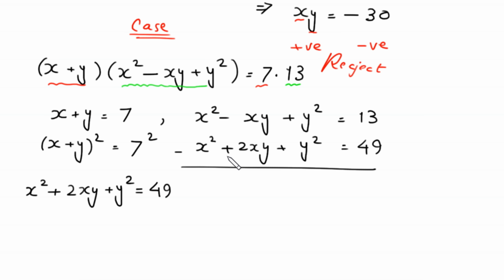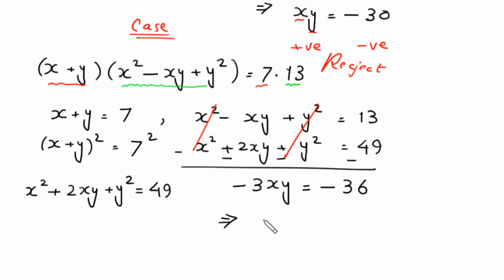Because of subtraction, this plus becomes negative, this plus becomes negative, and this plus becomes negative. So this positive x squared will be cancelled out with negative x squared, and this positive y squared will be cancelled out with negative y squared, and this negative 1xy plus negative 2xy, negative 3xy, is equal to 13 minus 49, negative 36.